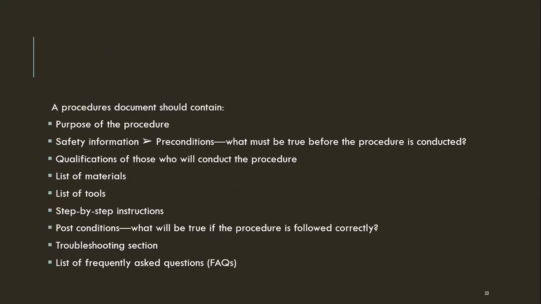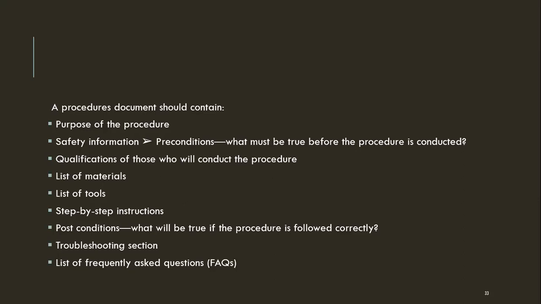A procedures document should contain the purpose of the procedure, like if it's a safety procedure, why the procedure is implemented. Likewise, the purpose. Then safety information, preconditions, what must be true before the procedure is conducted, and so on.